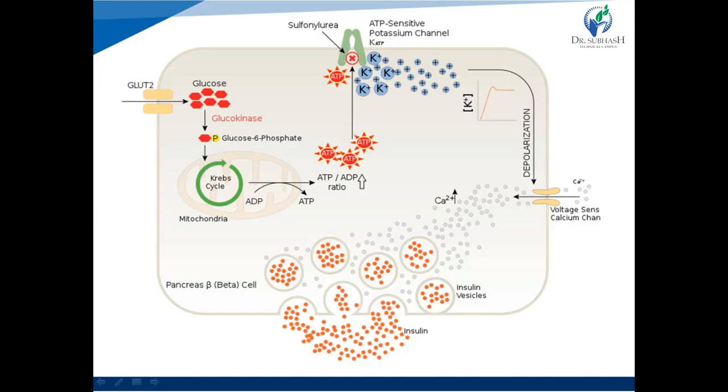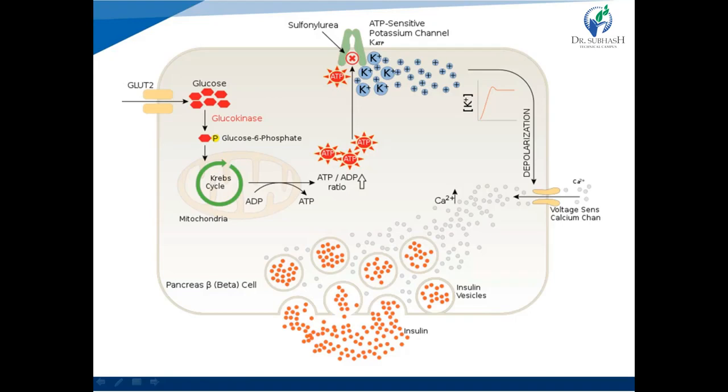This ATP facilitates the action of the ATP-sensitive potassium channel. This channel is divided into two subunits, sulphonylurea receptor 1 and inwardly rectifying potassium channel. When sulphonylurea binds with the sulphonylurea receptor 1, it causes blockage of this channel and blockage of potassium efflux. Due to this blockage, depolarization of the beta cell results.